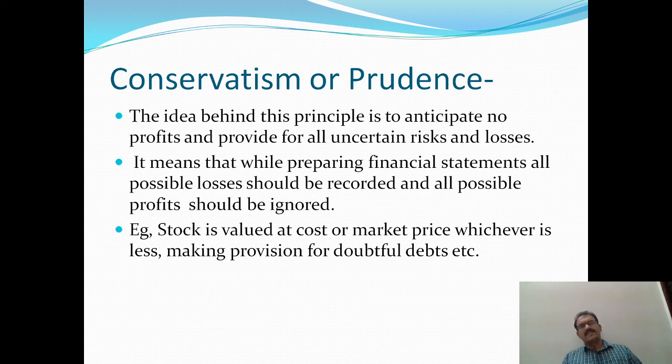The next one is conservatism or prudence. The idea behind this principle is to anticipate no profit and provide for all uncertain risks and losses. We can anticipate all losses, but we shouldn't anticipate profit.